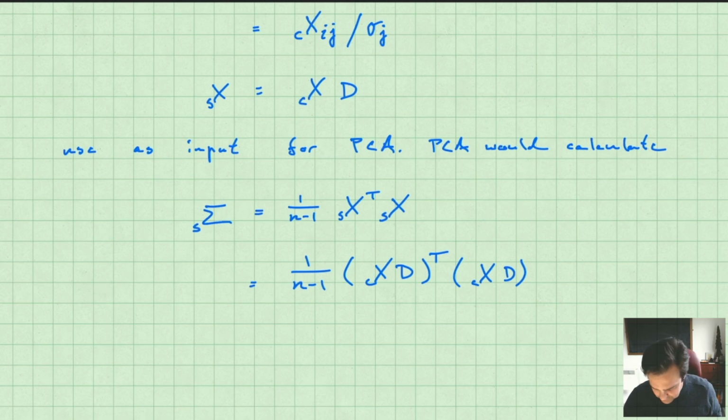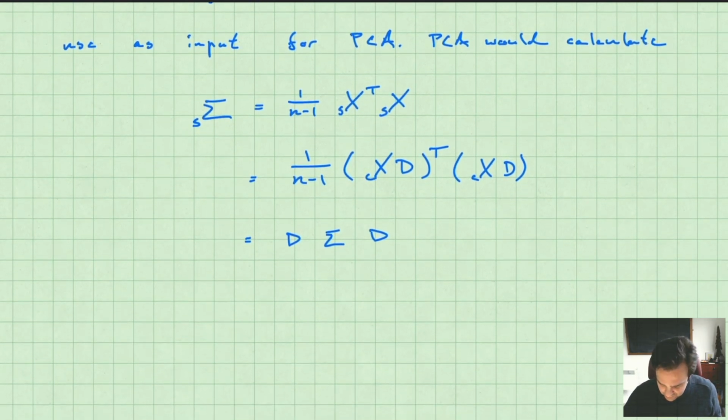And so we get xc times d transpose, and then xc times d, and when you put that together, what you get is d times sigma times d. And this thing has a name. This is the correlation matrix.